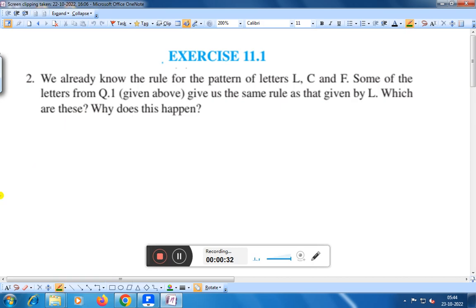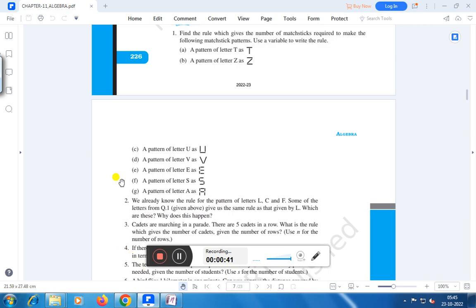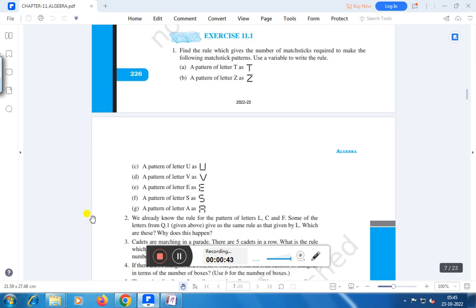In question number 1 you will see that the pattern is like this, right? In here you can see, in case of T, there are two matchsticks, right?